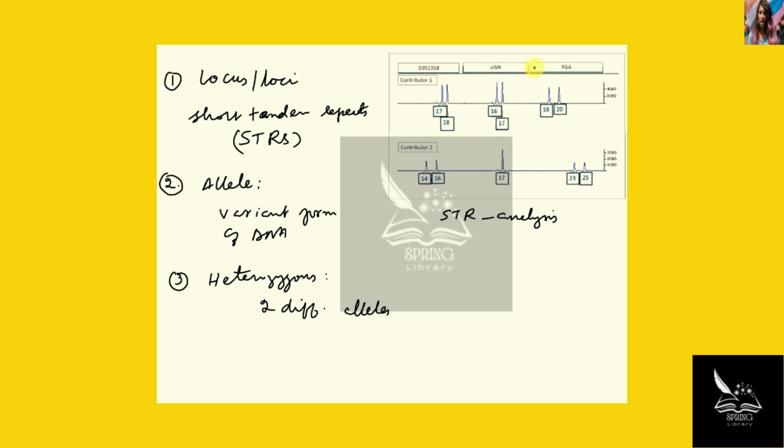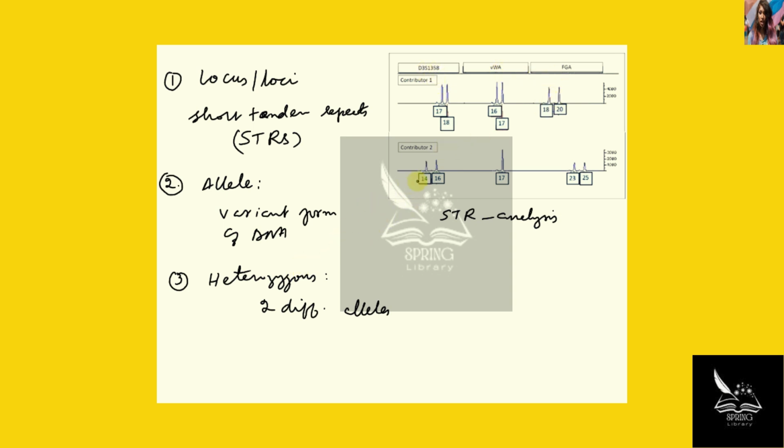For each locus for suspect 1, there are two different alleles, 17 and 18, 16 and 17, 18 and 20, which means that suspect 1 is heterozygous for all three loci.